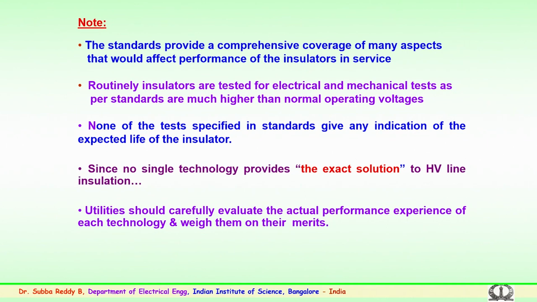It may be a ceramic or a porcelain or a glass or a polymer or a newer type of technologies which are being adopted. They have to look into the performance experience of each technology, weigh them on their merits, and then try to adopt for the actual required performance. So, this is the important note to be taken into consideration.